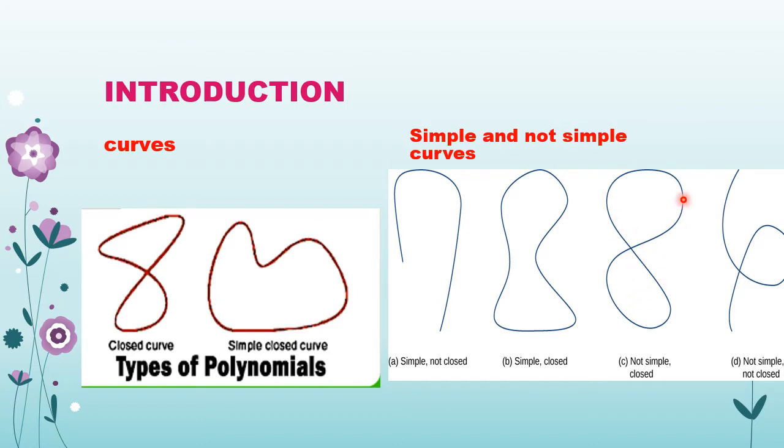See, this line is crossing the other line. Now this is not simple and not closed. Why not closed? If an ant is passing through this line, it is going to come out through this line. The ends are open. See, this end is open and this end is open. So when the ends are open, it is not closed.